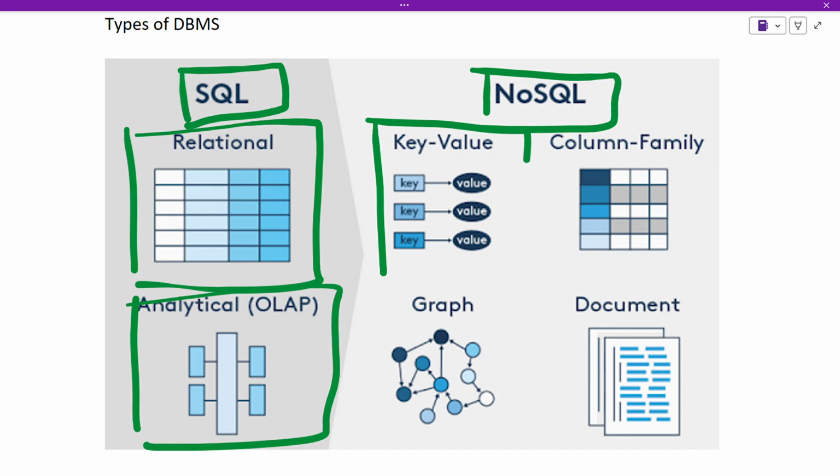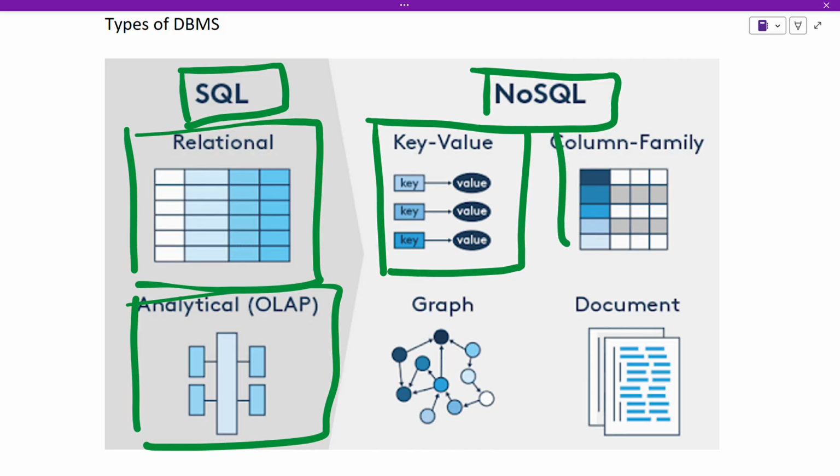One of the most important ones was key-value. One of the most used in-memory databases is called Redis. Redis is used in enterprises a whole lot more than anyone can expect. So it uses this key-value technique.